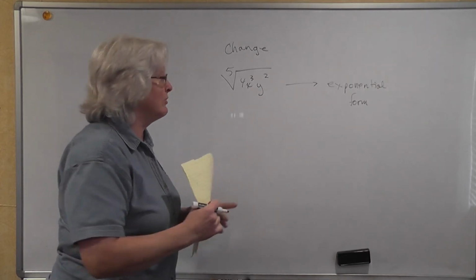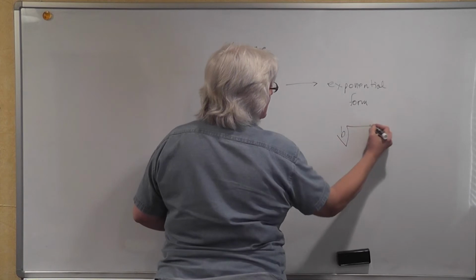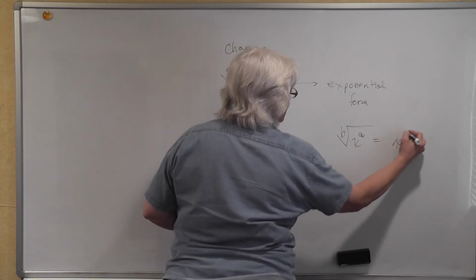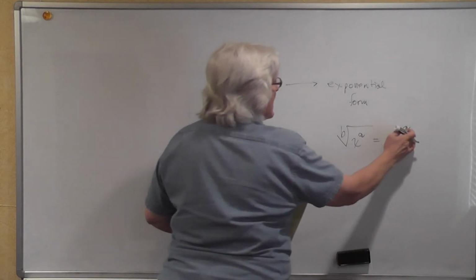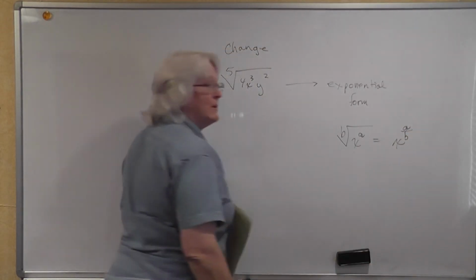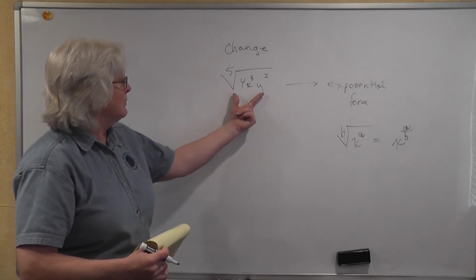Our general pattern for radical form was the bth root of x to the a is equal to x to the a over b. It looks weird and it sounds stranger, but that's what we have here.